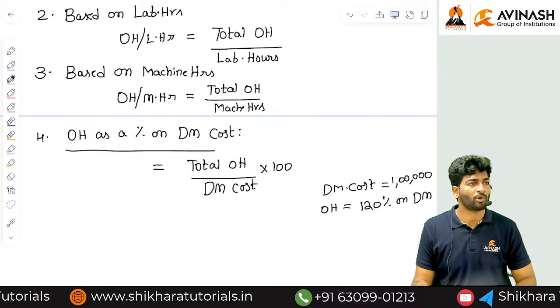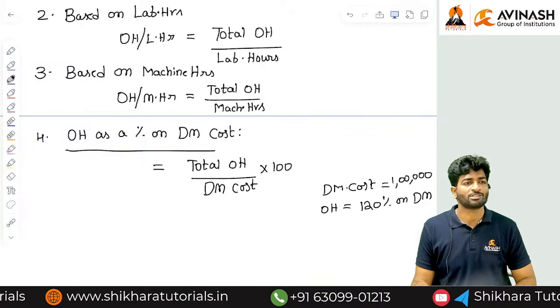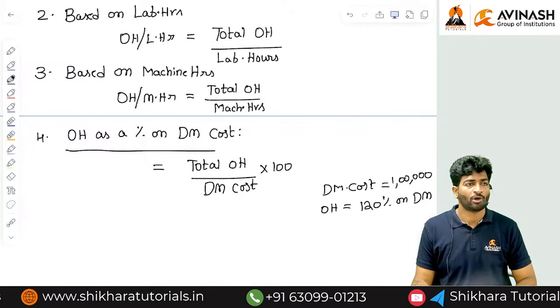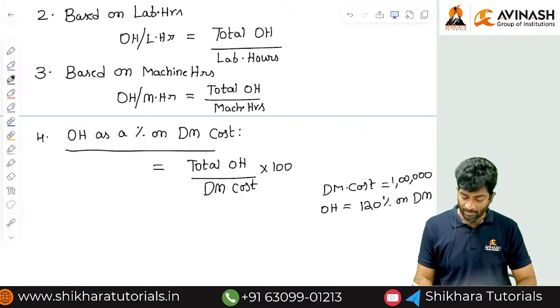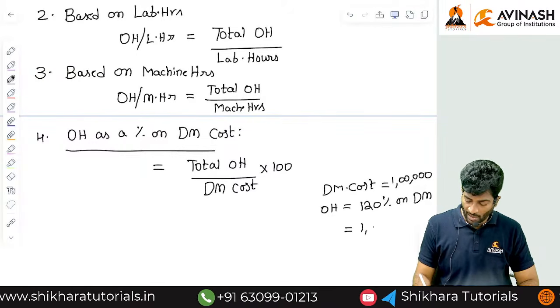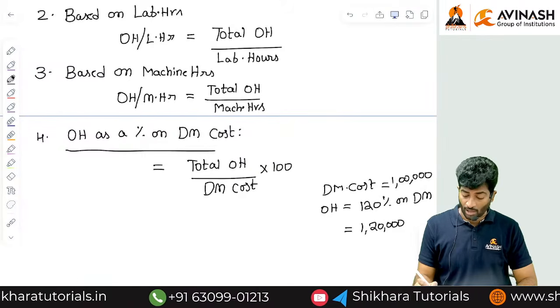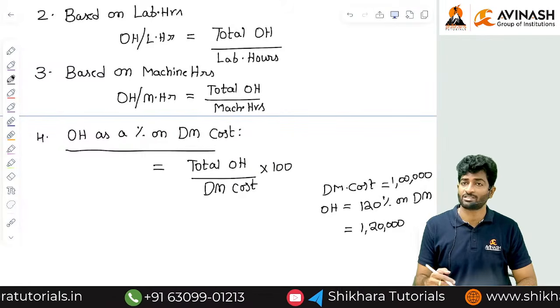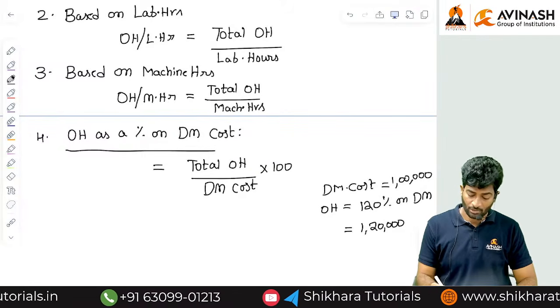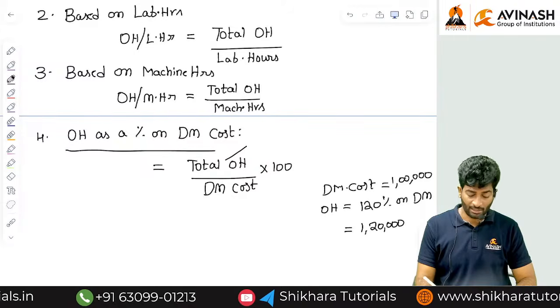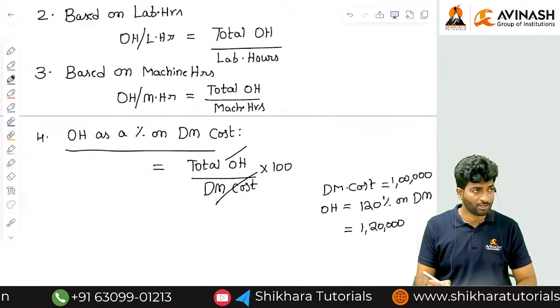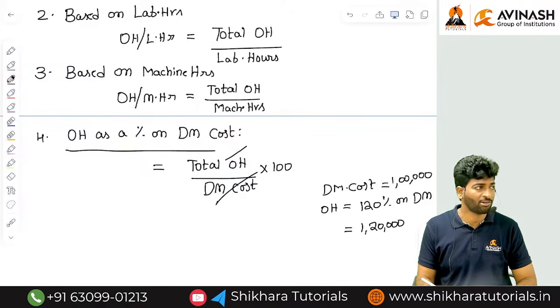Now what is your overhead? 120% applied on 1 lakh is equal to 1,20,000. So that is how they are expressing the overhead as a percentage on material cost: 1,20,000 by 1 lakh into 100 gives you 120%.